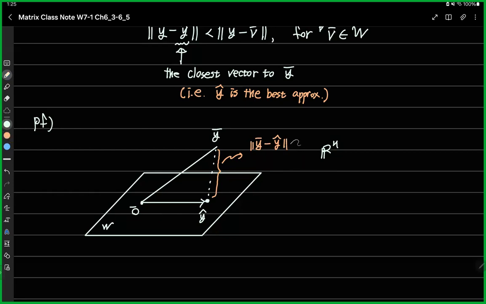Now let me think about another vector, just arbitrarily picked right here.